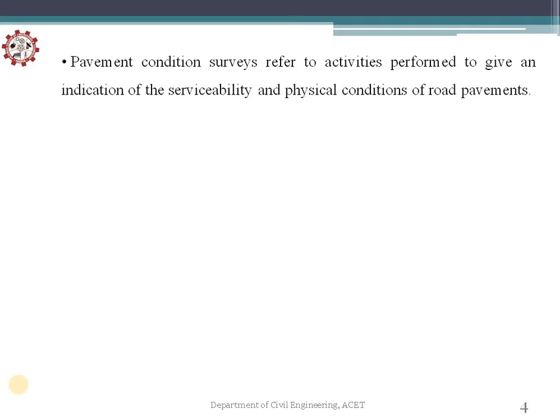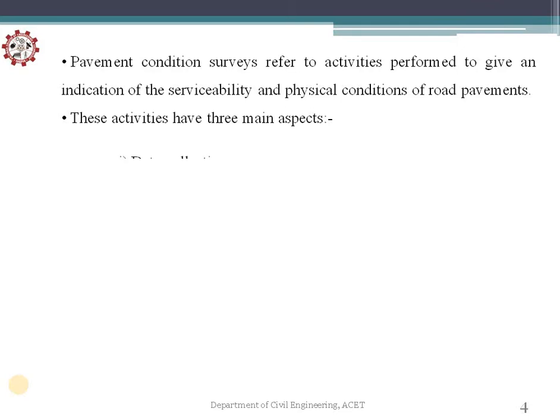It means that first you have to see what type of road it is, what type of maintenance is required, and which type of service has to be provided. So first, the physical condition of the pavement is what we need to take care of.